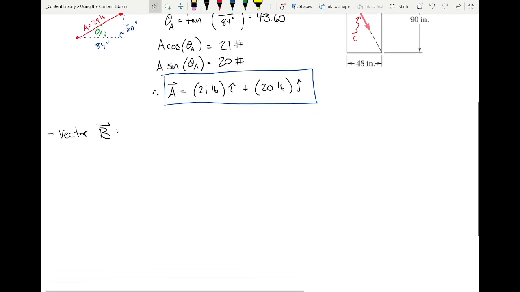So vector B, sorry, I didn't mean to do that. So vector B points like this, and then the vertical dimension is 96 inches, and the horizontal is 28, and then the magnitude is 50 pounds.